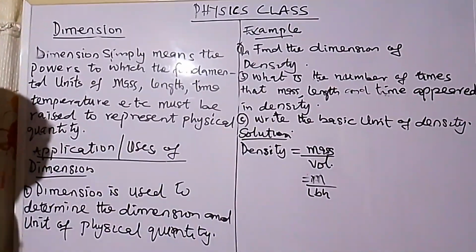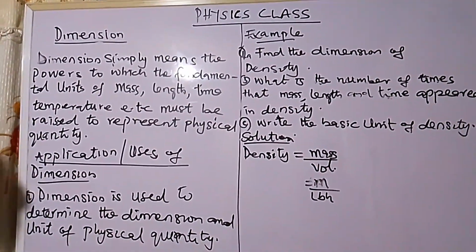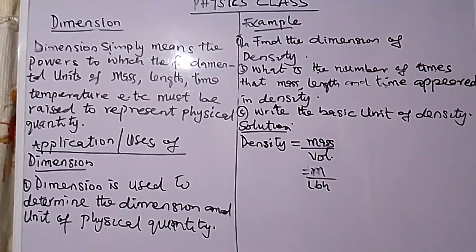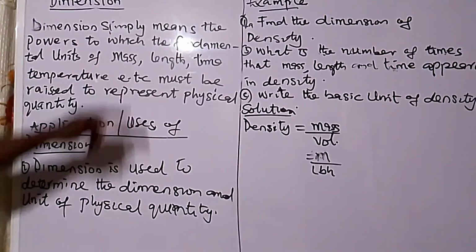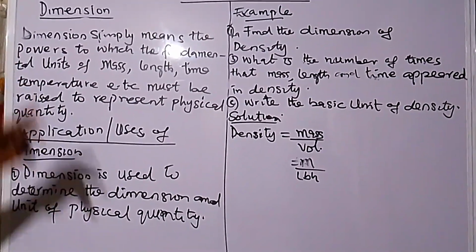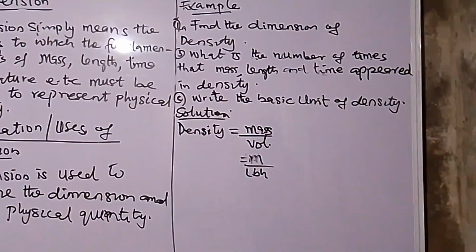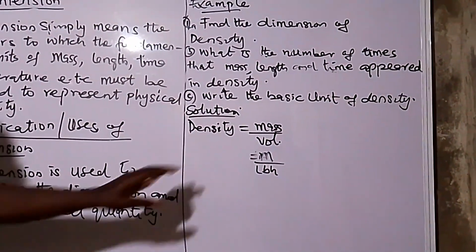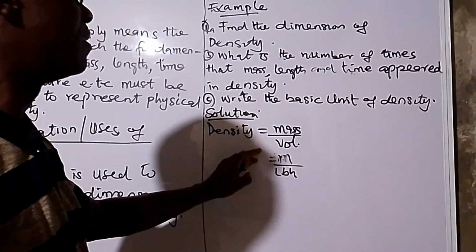We said dimension is the power to which the fundamental unit of mass, length, time, temperature, heat must be raised to represent physical quantity. Now, we need to relate all this to fundamental quantities.